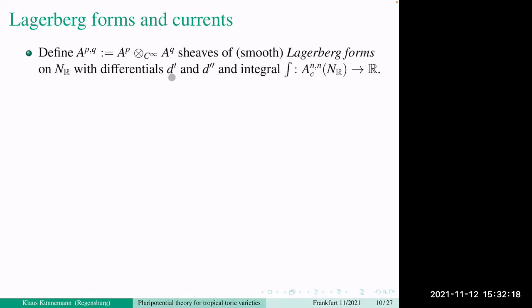These forms come with differentials d' and d'', and there's a canonical integral for forms of maximal degree over the complex numbers, maximal degree of the forms. Yeah. And of course, this is made to mimic the theory of complex (p,q) forms.